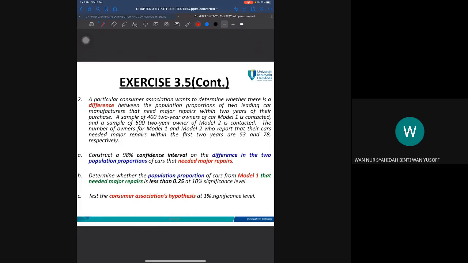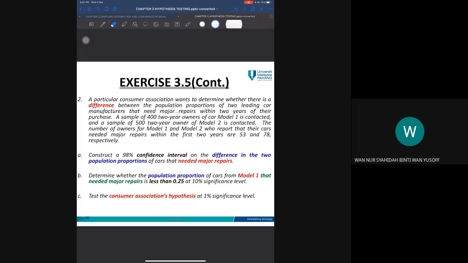Number of cars that need major repairs. So here we have population proportion.